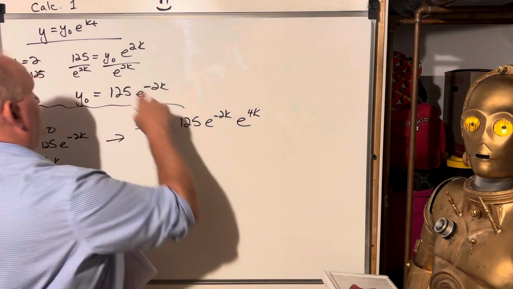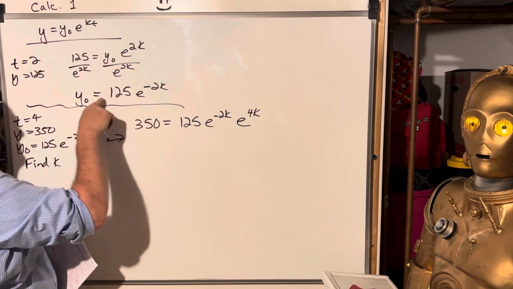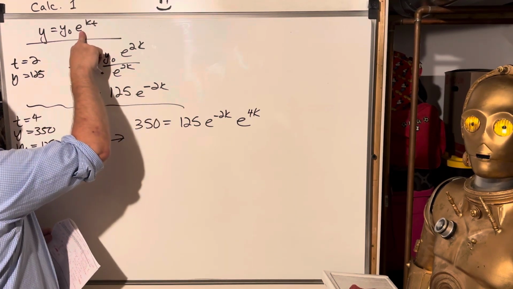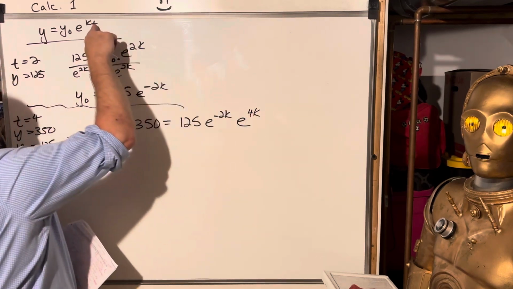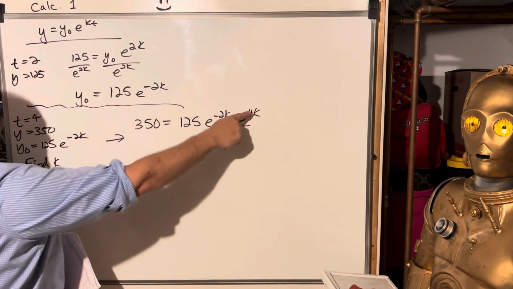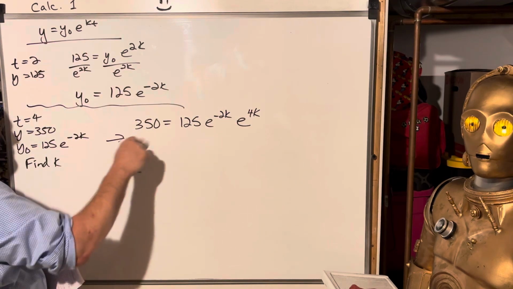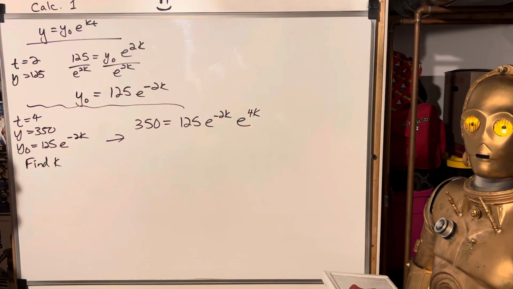All we did was sub in, still k, and t was 4, and y was 350. All right?